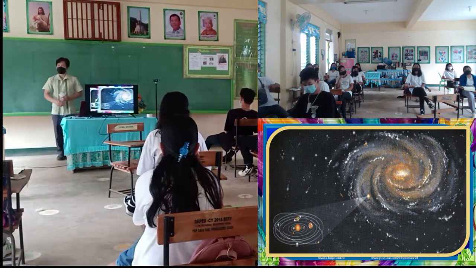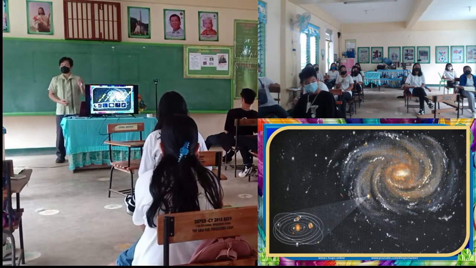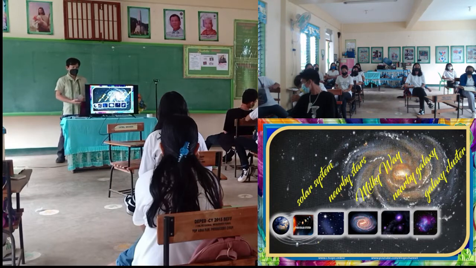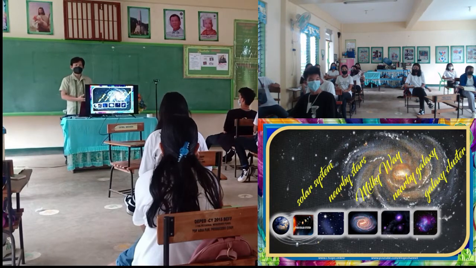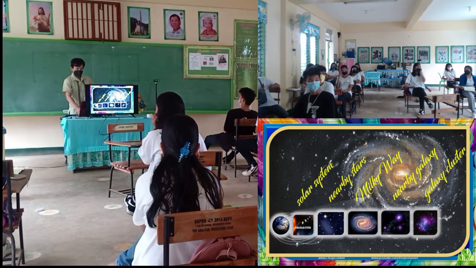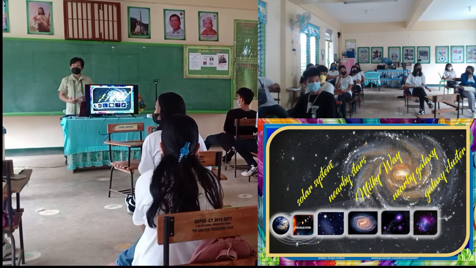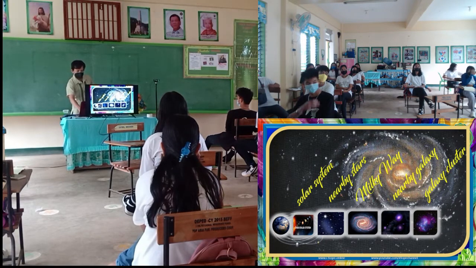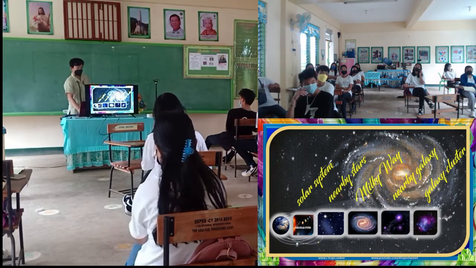In the field of astronomy, it was their study to determine the distances of these celestial objects, the stars and the galaxy. So, they're going to determine their distance from the sun, from the earth. In the universe, these are the celestial objects found in our universe.